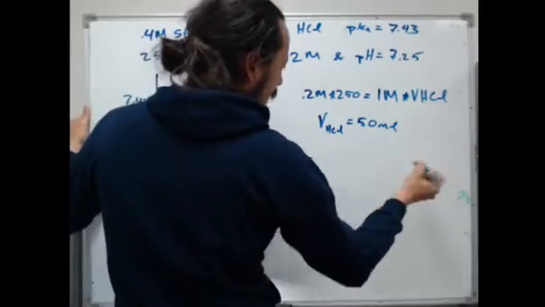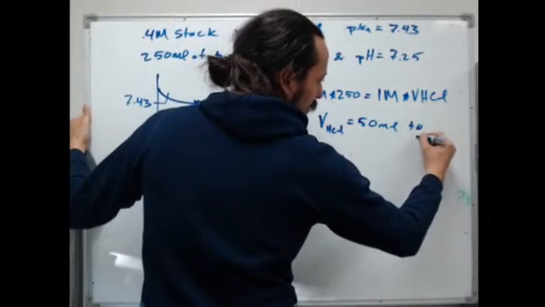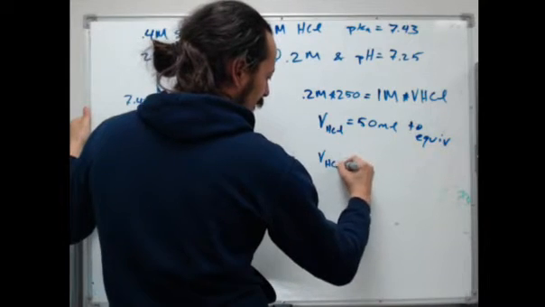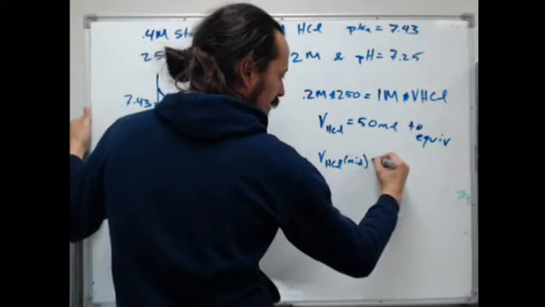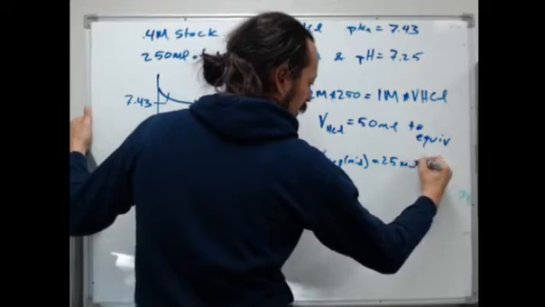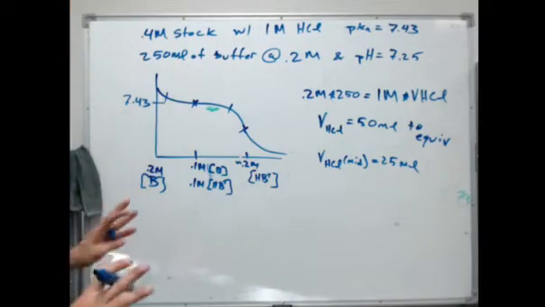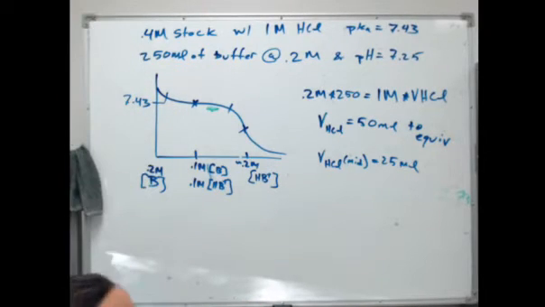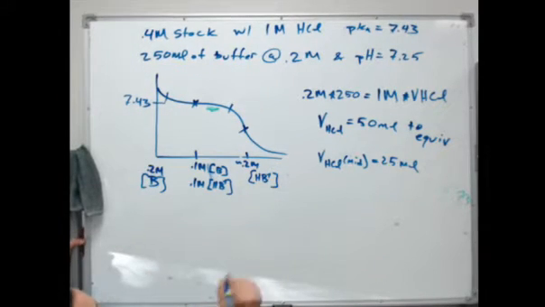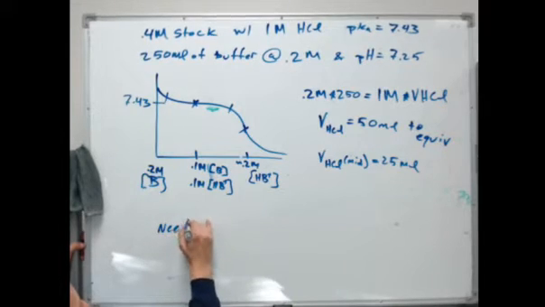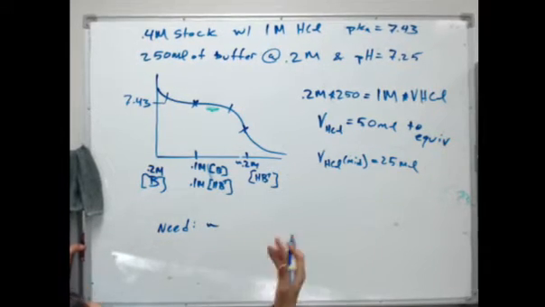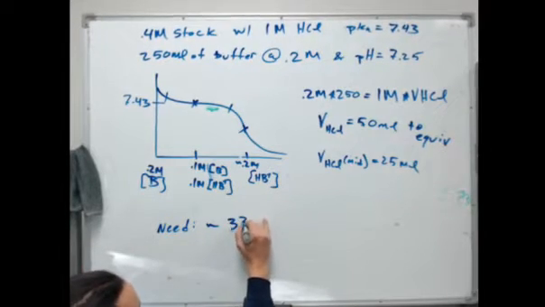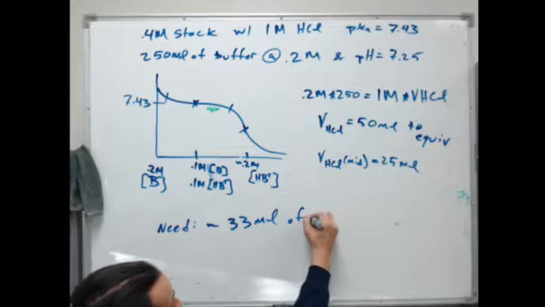That also tells me the volume of HCl to the midpoint is going to be 25 milliliters. So, without understanding buffers per se, but just understanding a titration, I can say that I'm going to need approximately, let's just pick halfway between 50 and 25, let's say 33 milliliters of HCl.